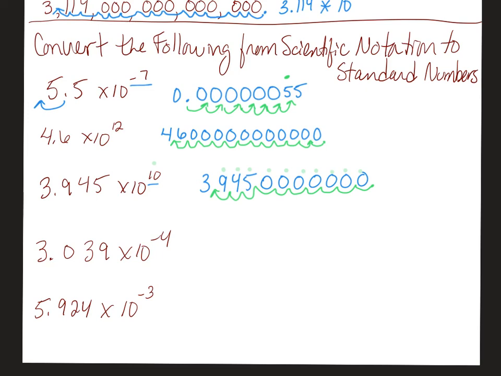Okay, next we have one that is 10 to the minus 4. So let's do this. 3, let me undo that. I need to start with a 0, don't I? Because I'm going to the negative 4. So I need to put in 3 zeros before this 3.